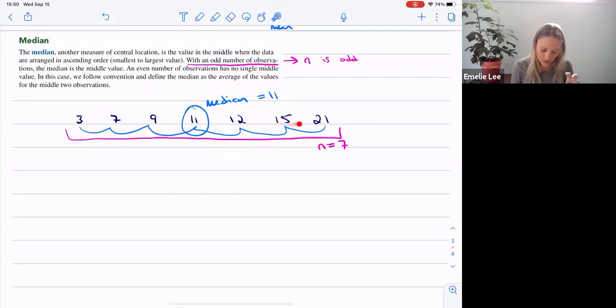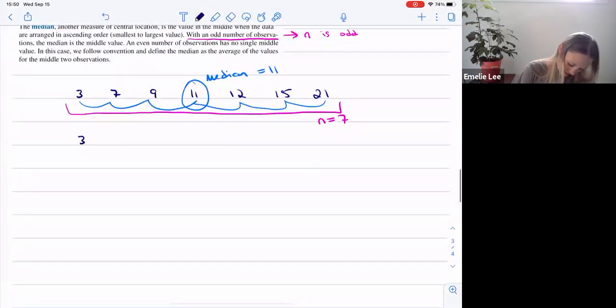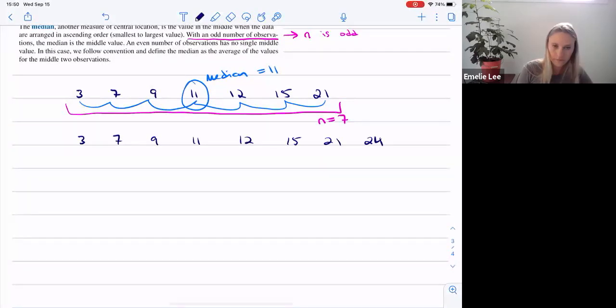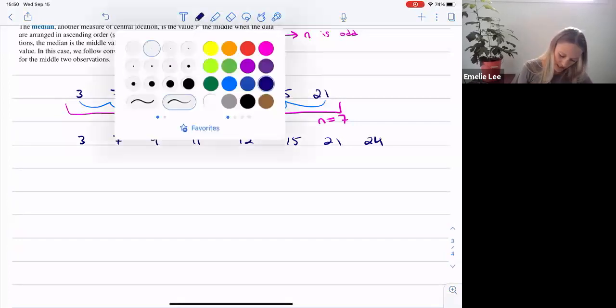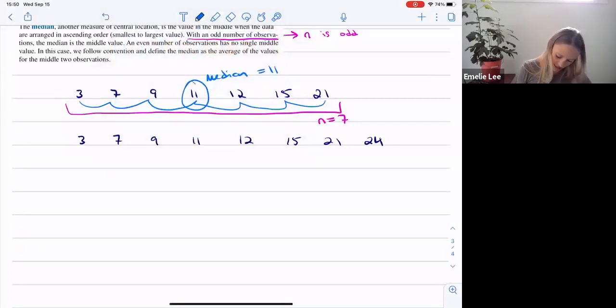If I extend this and add another data point, then I might have 3, 7, 9, 11, 12, 15, 21, and 24. Now when I count in, I take my fingers.